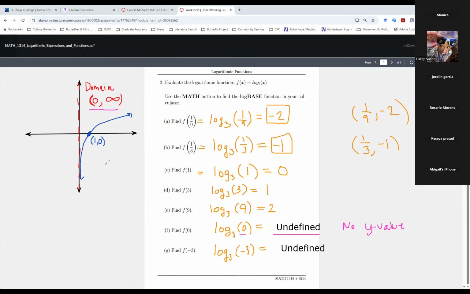Let's just say it's log base 3 of x, right? What if we took this function log base 3 of x and changed it to log base 3 of (x + 4)? What happens usually when I add 4 inside the parentheses of a function?